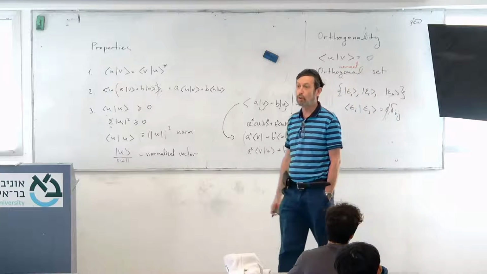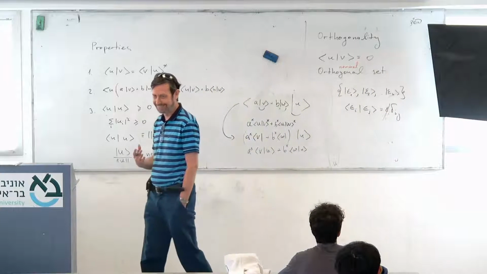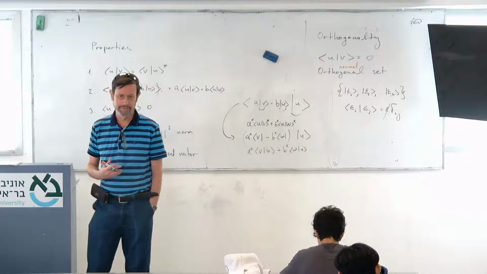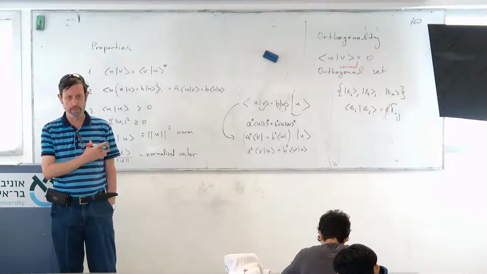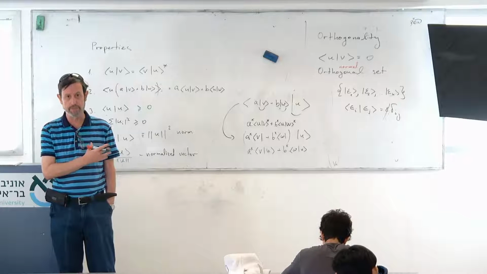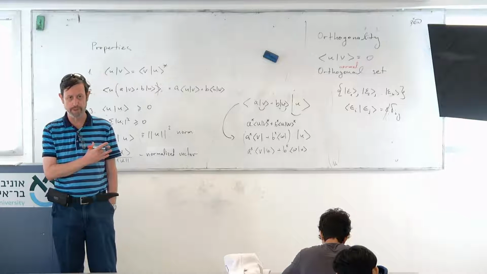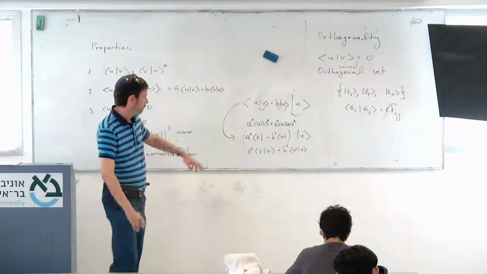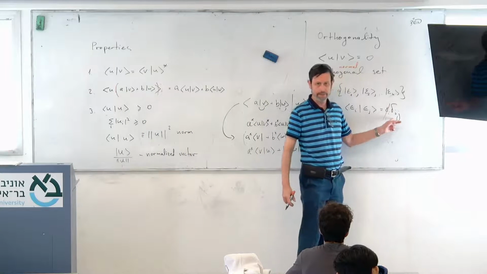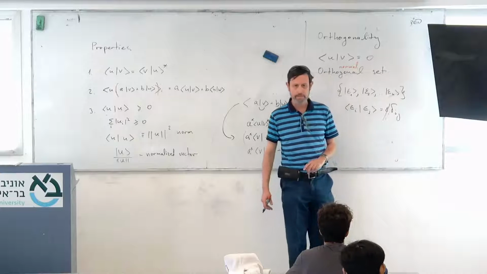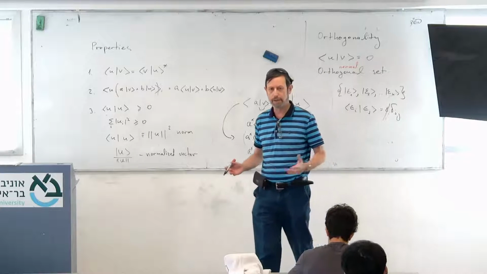So it becomes orthonormal. The multiplication of two identical vectors always gives me 1. And I hope all of you recognize the Kronecker delta, that it's 1 if i equals j.